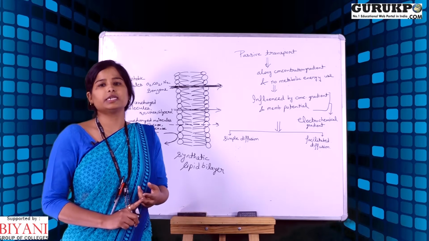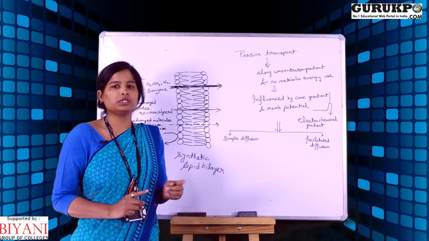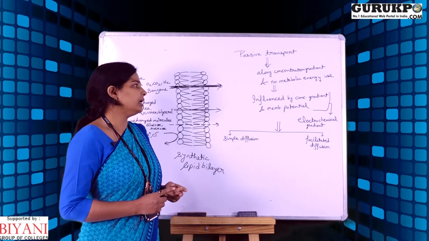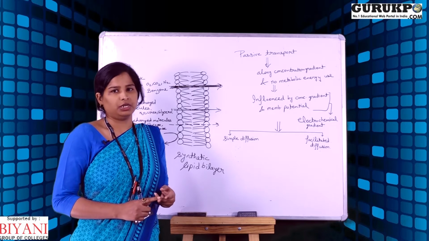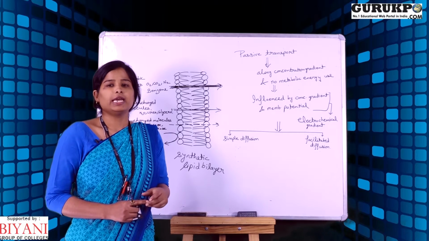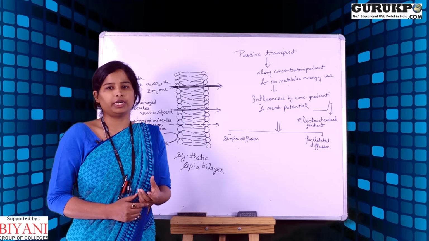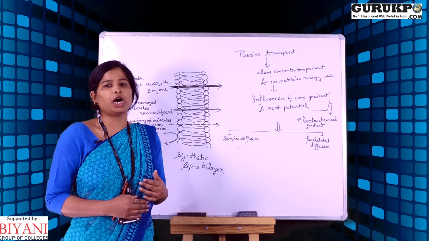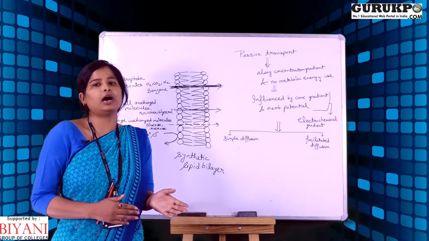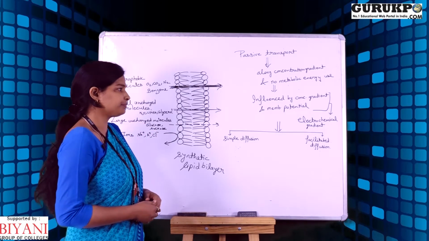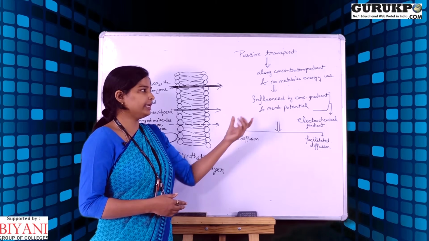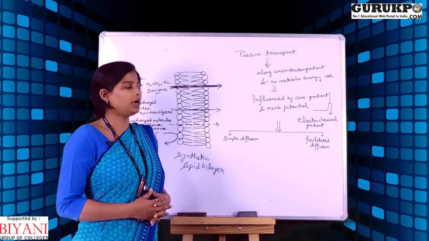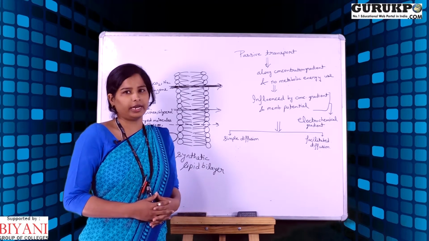First is the concentration gradient across the plasma membrane and the other is the membrane potential. The membrane potential is the electric potential generated by the relative concentration gradient of the charged molecules inside and outside of the plasma membrane. These both gradients are combinedly called the electrochemical gradient.